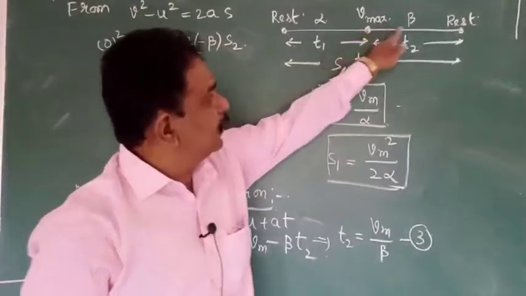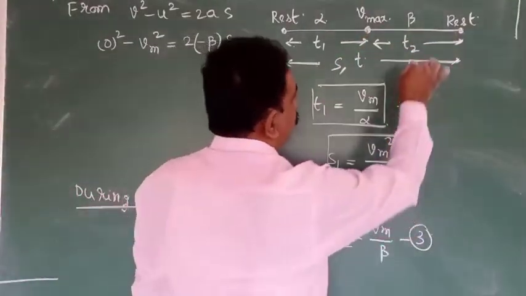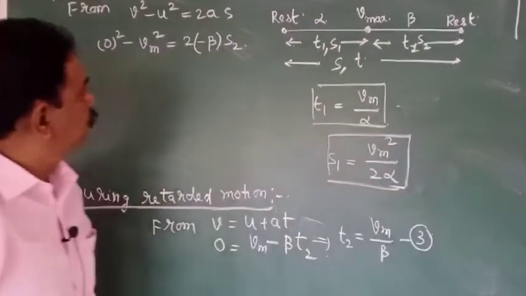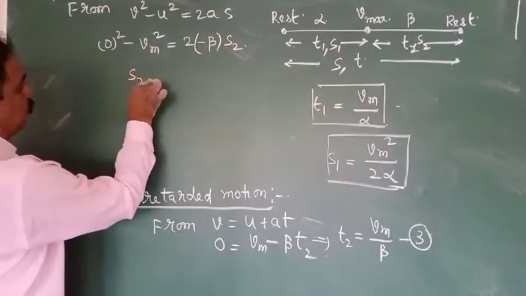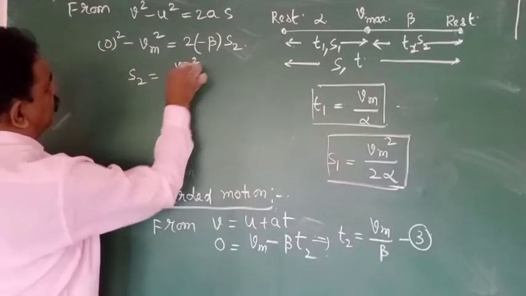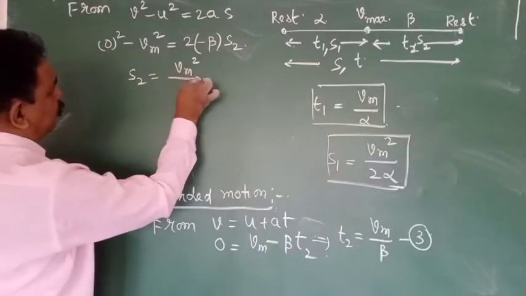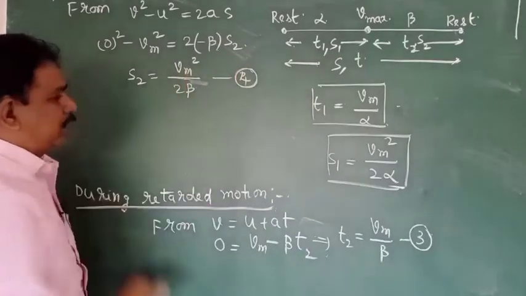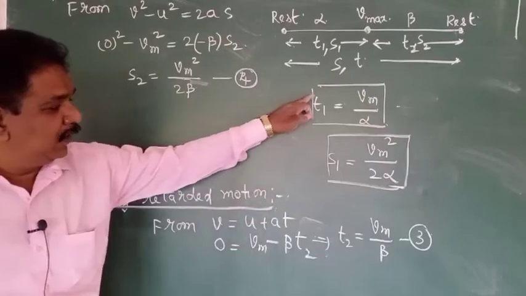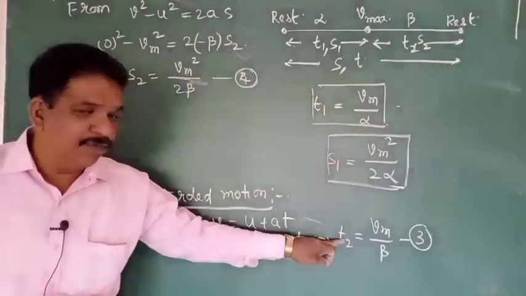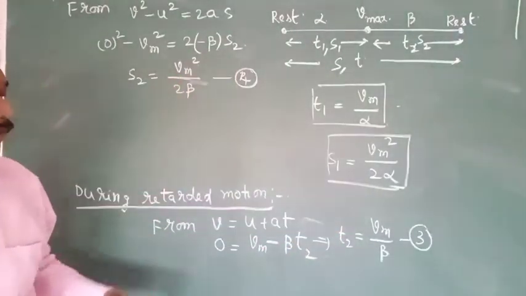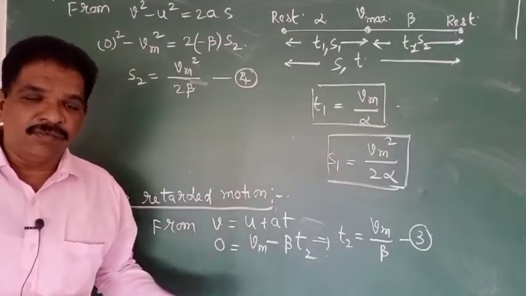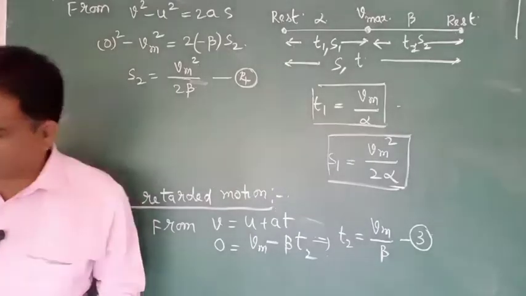This part distance I am assuming as s2, and this I am assuming as s1. Then s2 is equal to vm square by 2 beta. Let it be equation 4. Okay, equation 1, 2, 3, 4. In accelerated motion we got 2 equations, in retarded motion we got 2 equations.